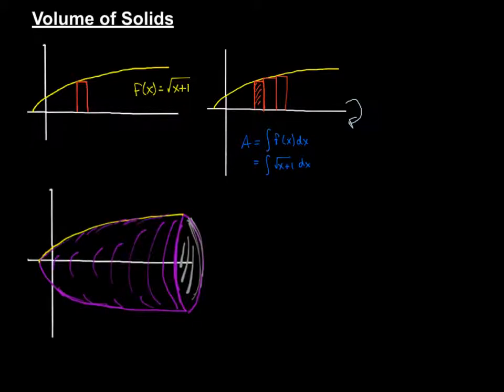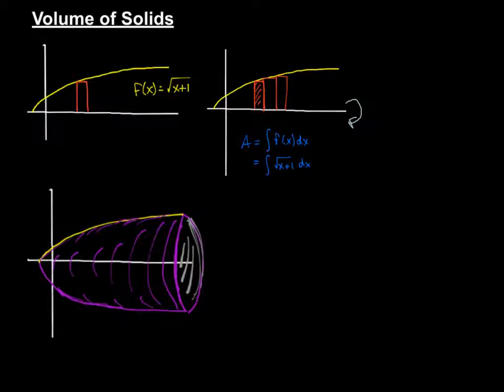If we were to spin this line all the way around, it would look something like this. So we took our curve and we spun it around, and now we have somewhat of a cup that's not flat in the bottom, and we are asking to find the volume of the solid. So we're going to find the volume of this new shape.